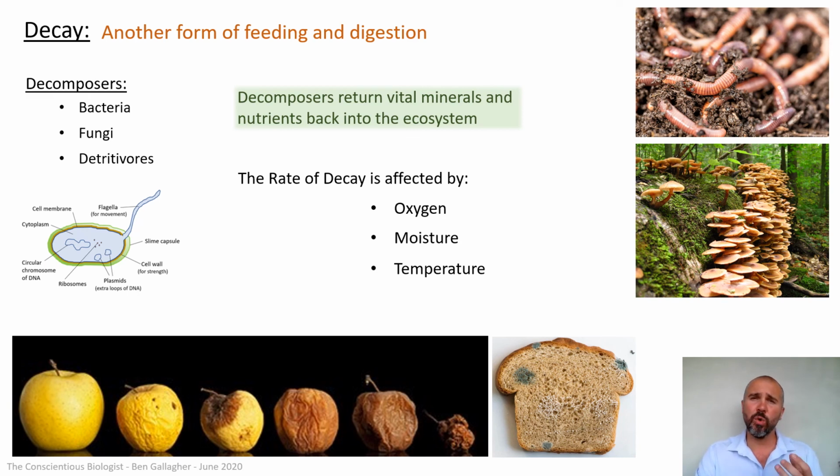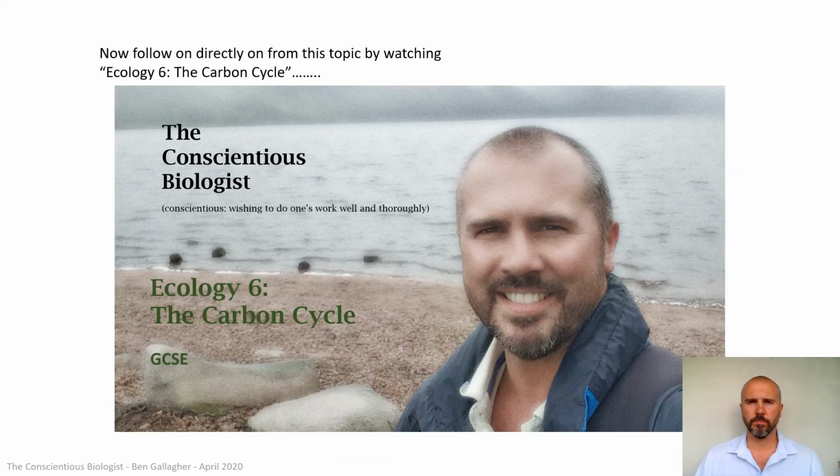Okay, that's really it for matter recycling. So let's just look at a quick summary on the final slide. So put very, very simply, matter recycling is just taking the atoms that are on Earth, that have always been on Earth, and reusing them over and over and over again. And the way that you can do that is by having them built up in one organism, passed to another one.